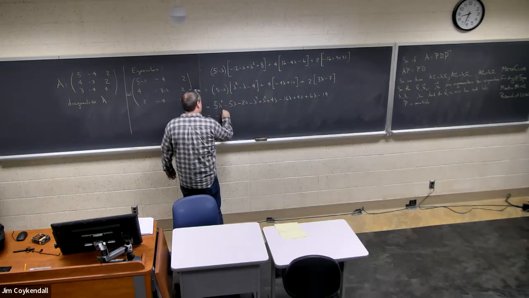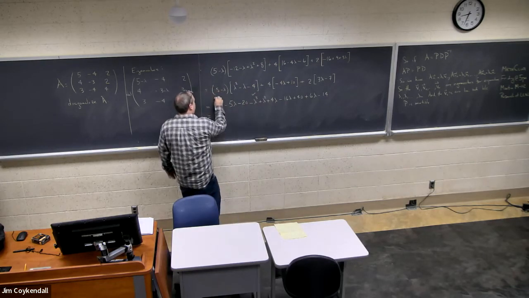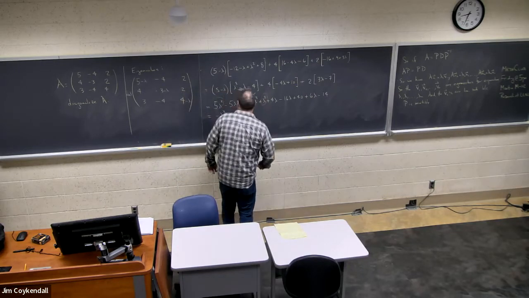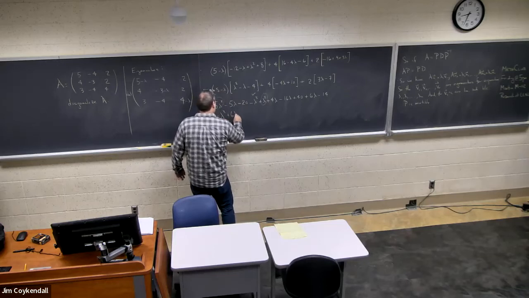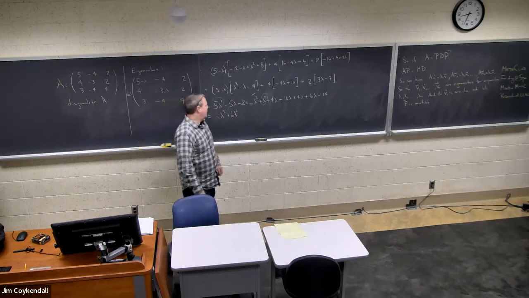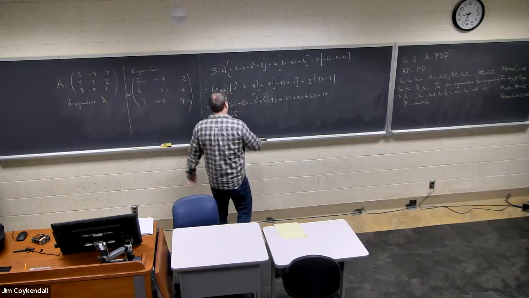This is minus lambda cubed. Okay, what do I get for lambda squared? I get a plus 5 plus 1, which is 6. Agree? Let's see here. What do I get for lambda?